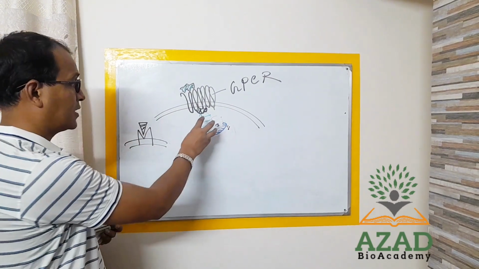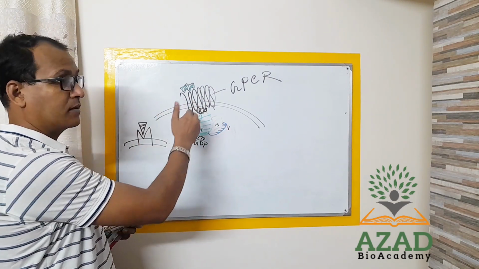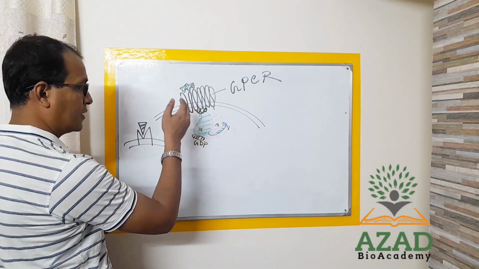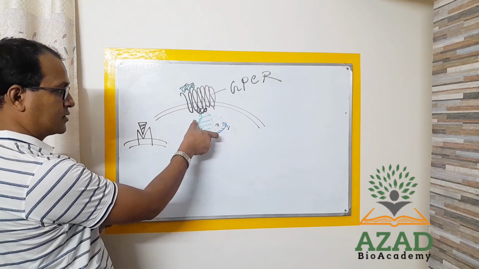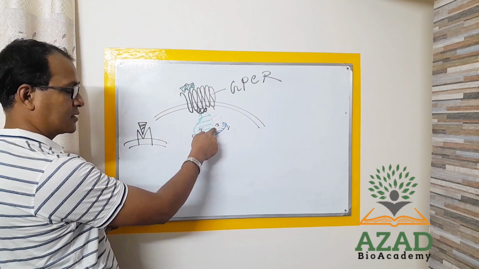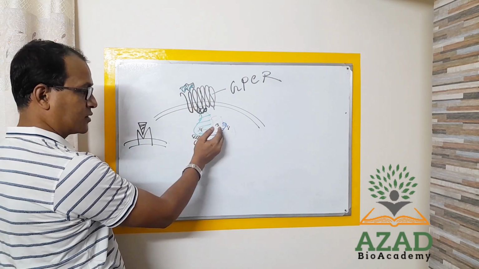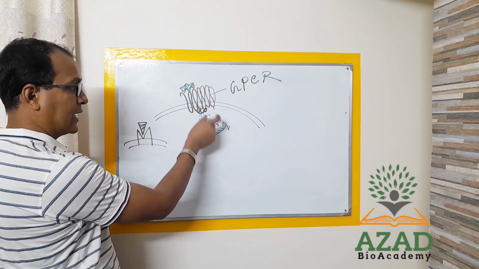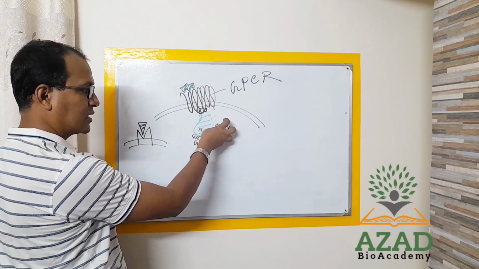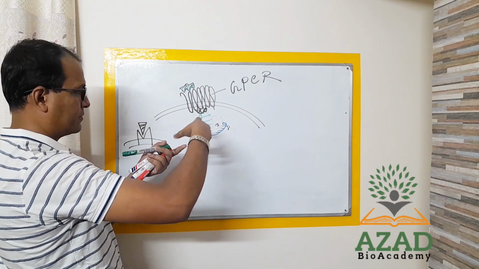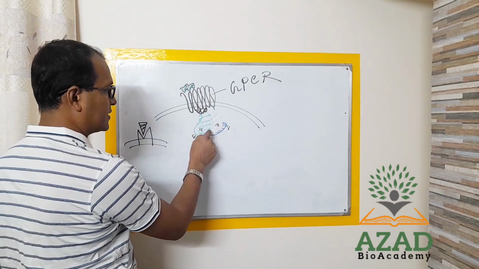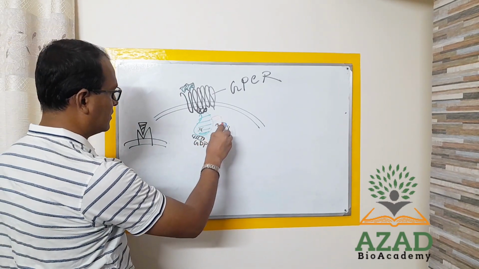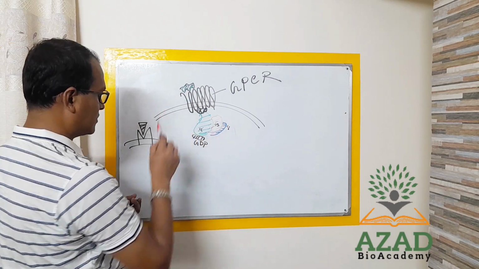And G protein is the sum of alpha, beta, and gamma. Alpha is the largest part of the G protein, the second largest is beta, and the smallest one is gamma. Alpha is directly attached to the receptor, and beta and gamma are very closely attached to each other, and the beta part is attached with the alpha.